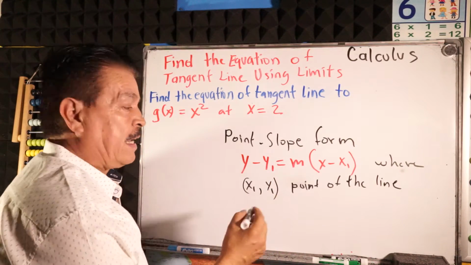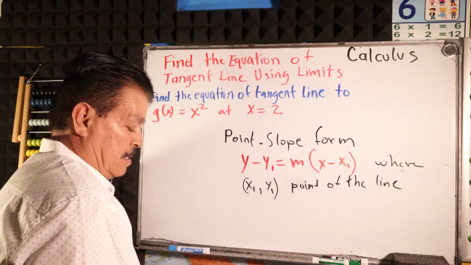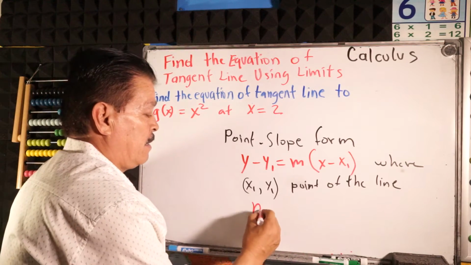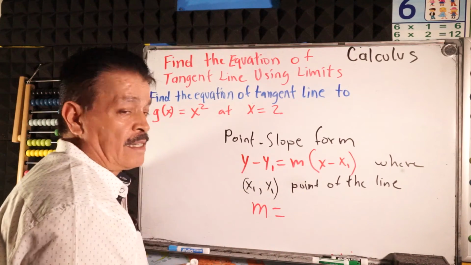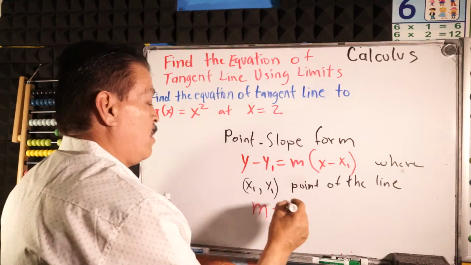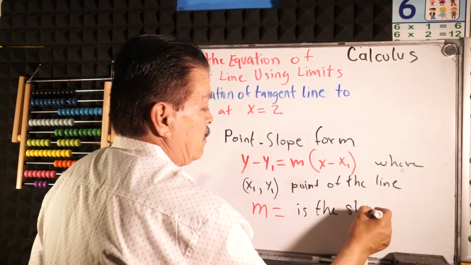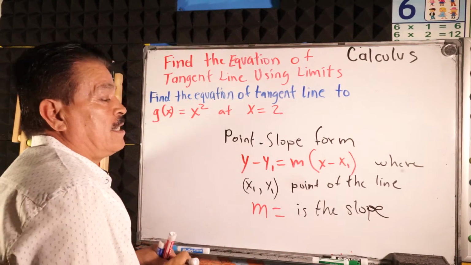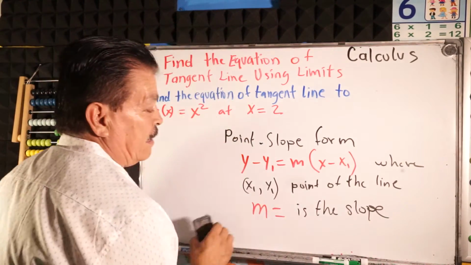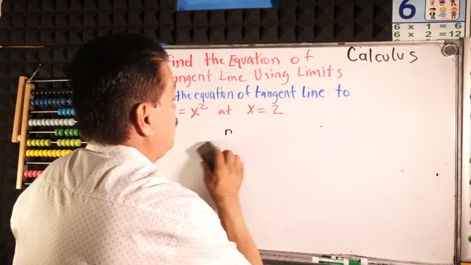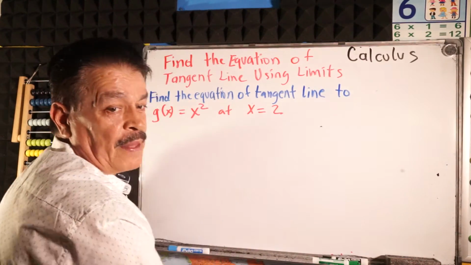Also the m here, in this case, m is the slope, right? So okay, after this, let's go and solve our problem.